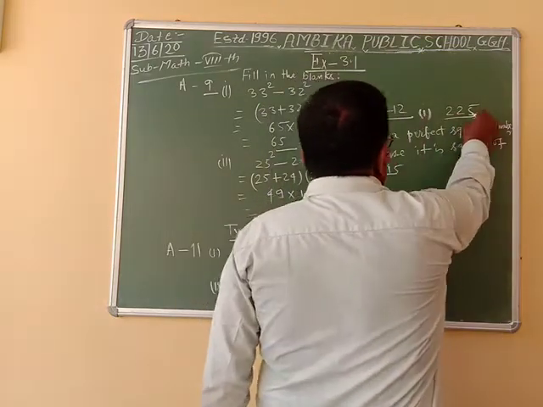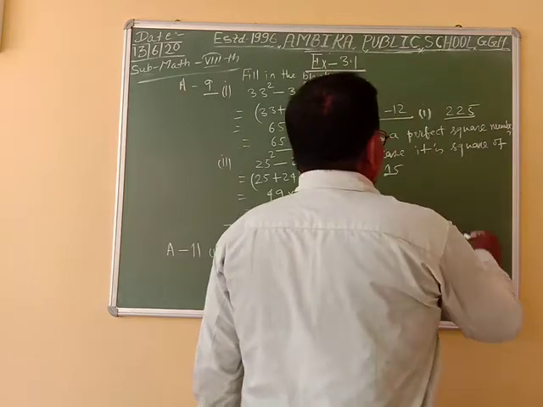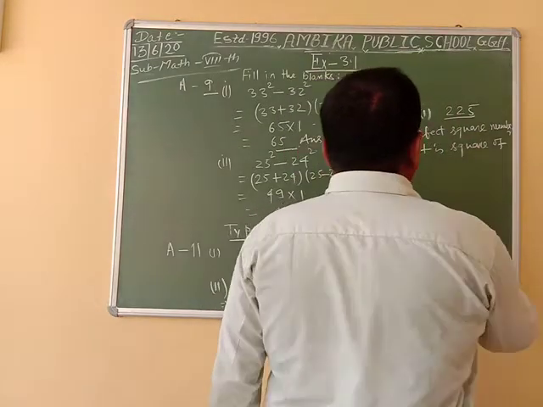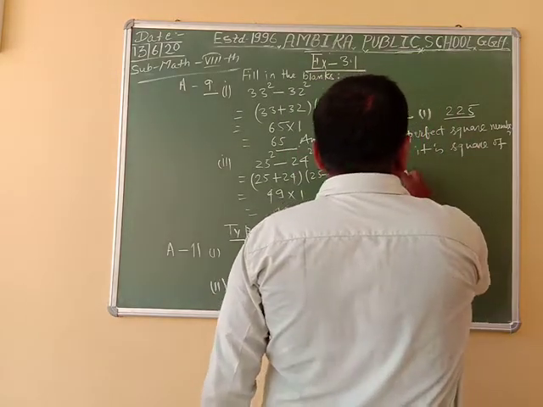Here we see that 225 is a perfect square number because it is a square of 15.